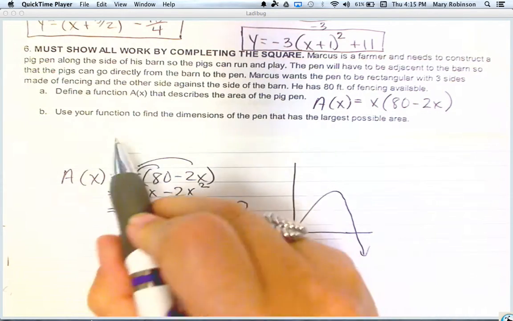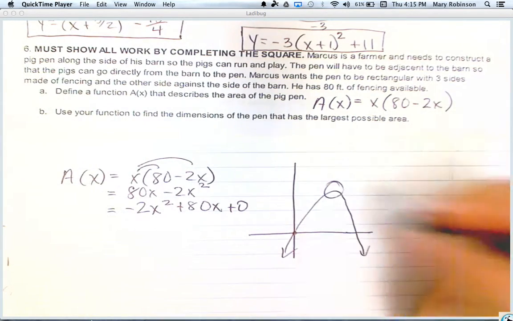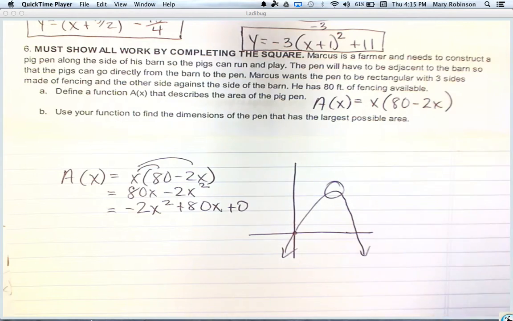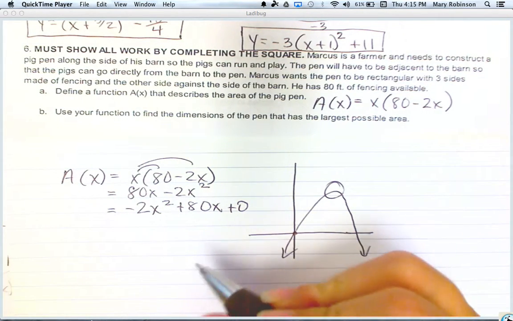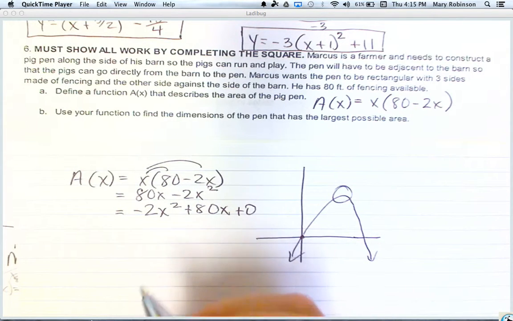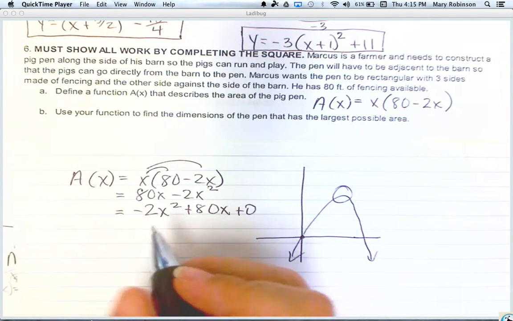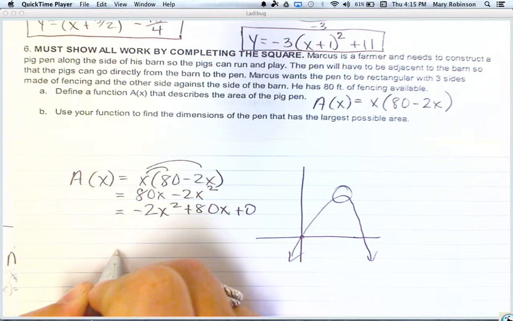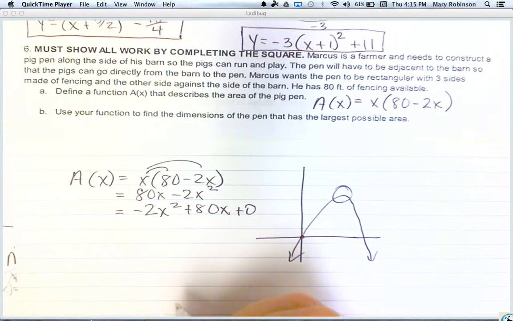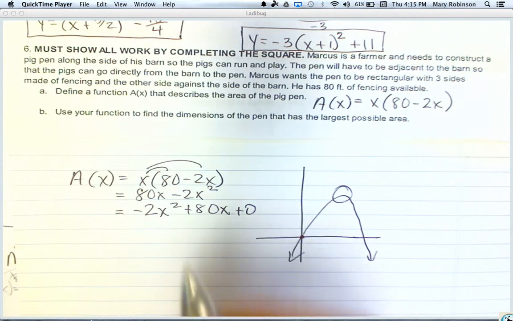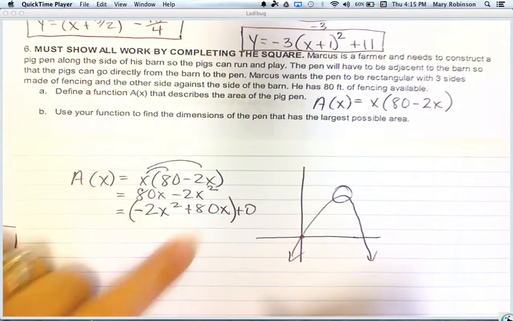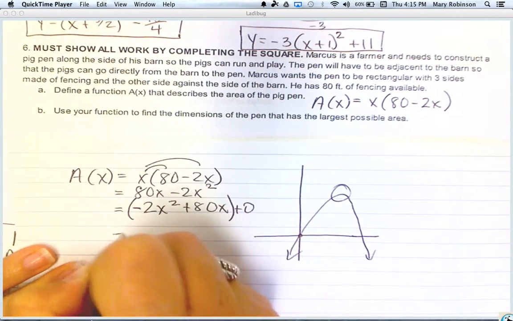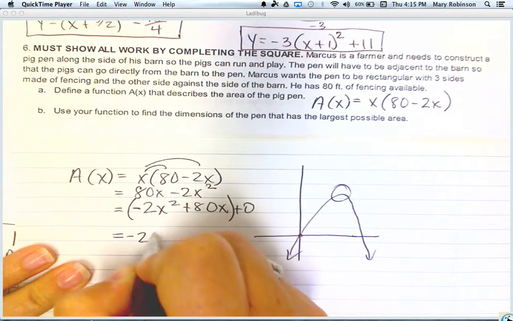Our job to find the maximum area is to find the max point. You may use your calculator to find that value, but you have to show the work that I'm getting ready to show you in order to receive credit. So that means we're going to take this equation that we've got here in standard form and complete the square with it. First step is to put parentheses around the quadratic and linear terms and factor out the a value, which is negative 2.